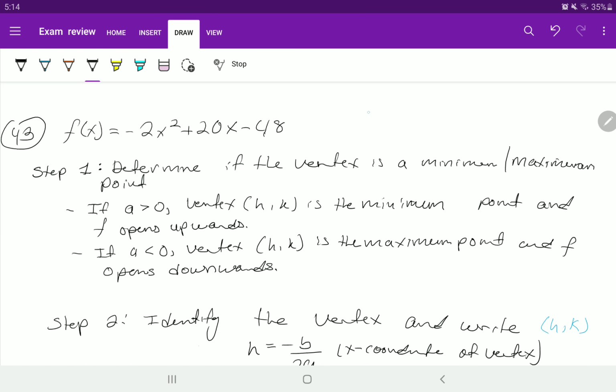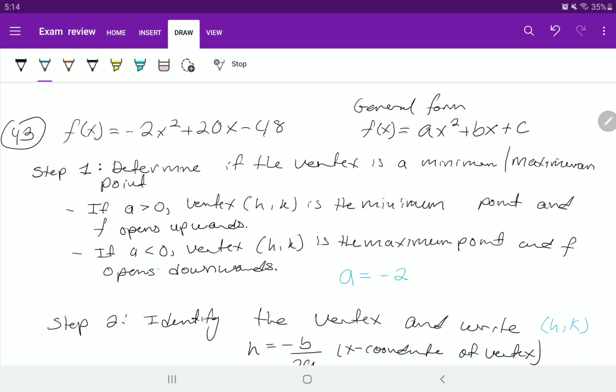And before I get started, this is in general form, by the way. f of x equals ax squared plus bx plus c. In our case, the a value is negative 2. I'm going to write that below. A equals negative 2.